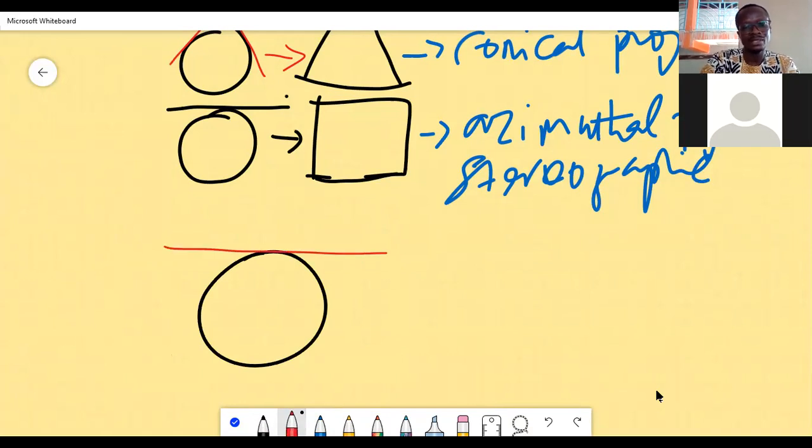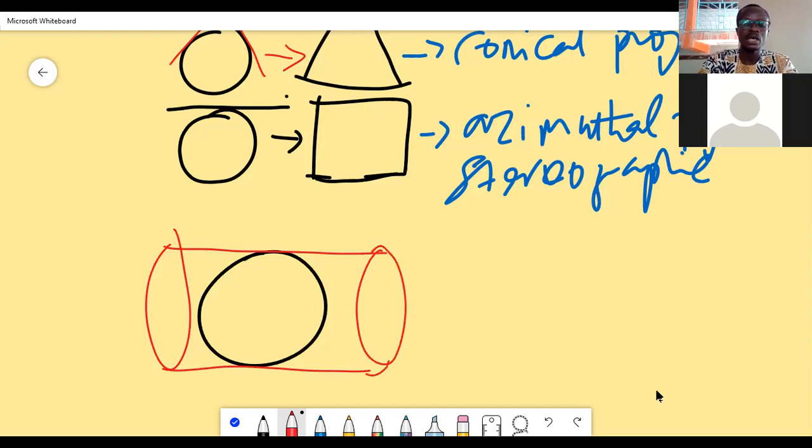So if I have the cylinder going this way, then in that case, the axis of the developable surface is perpendicular or orthogonal to the axis of rotation of the earth. So if the earth is rotating this way, which it is, are you okay?